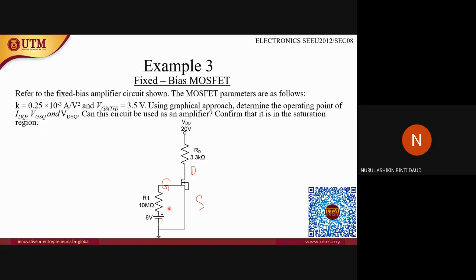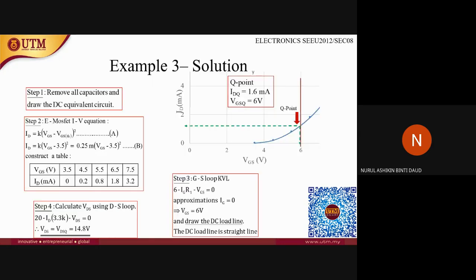So 6, let's say we are using this loop here. This is positive, this is negative. So voltage here positive, voltage here negative, and VGS here is negative. So here is VGS. All right, so 6 minus IGR1, which is here.